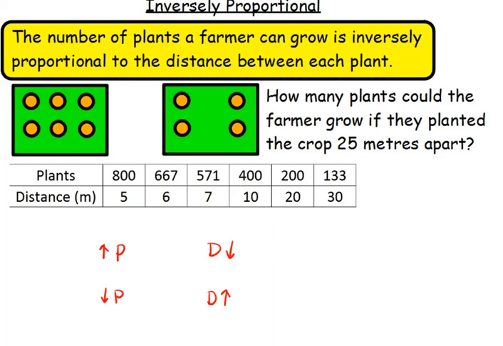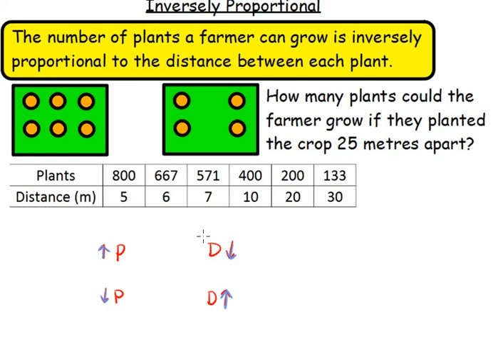So this is what it means by inverse proportion: if one variable goes up, the other one goes down by a proportional amount, and if one variable goes down, the other one goes up by a proportional amount. This is what it means by inversely proportional. It's like a seesaw effect: one goes up, the other goes down; one goes down, the other goes up.